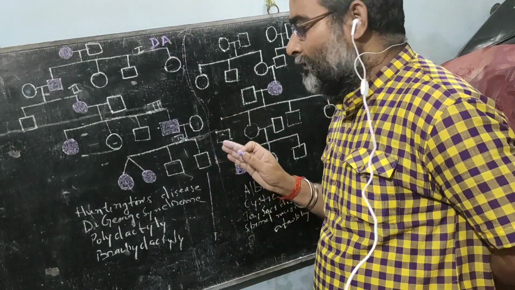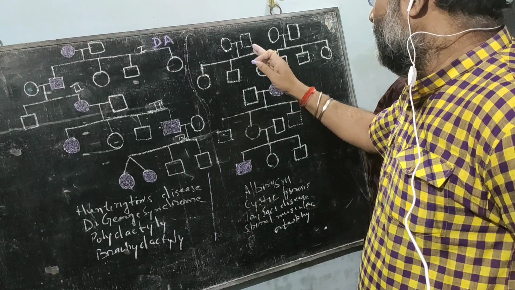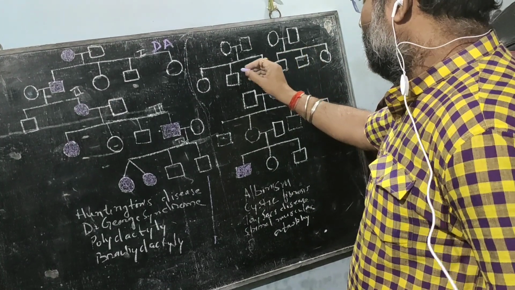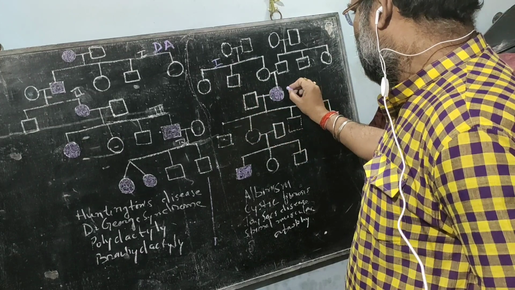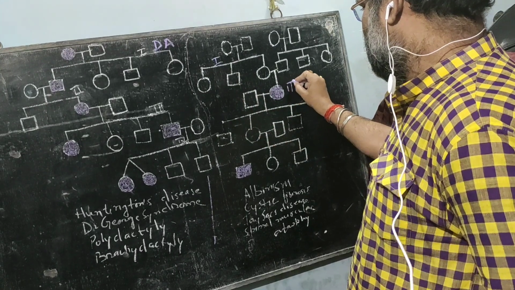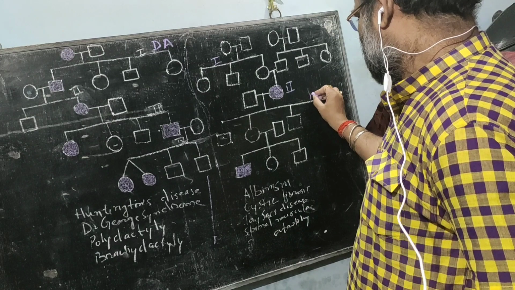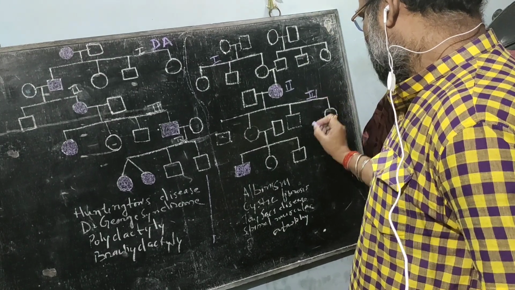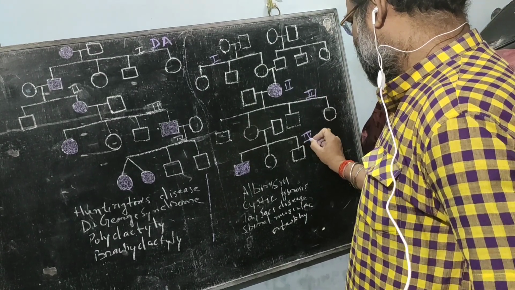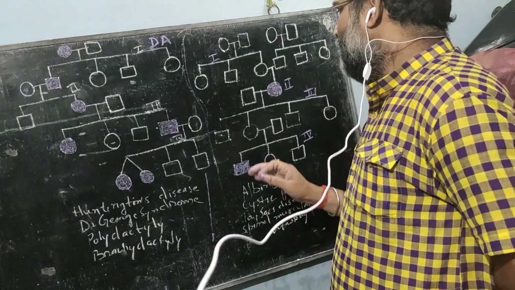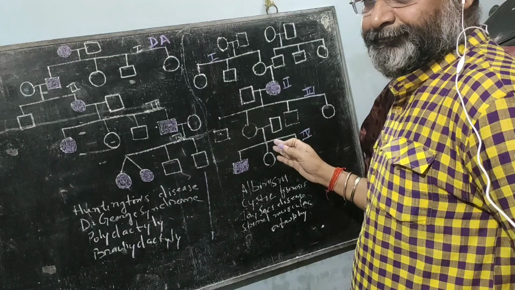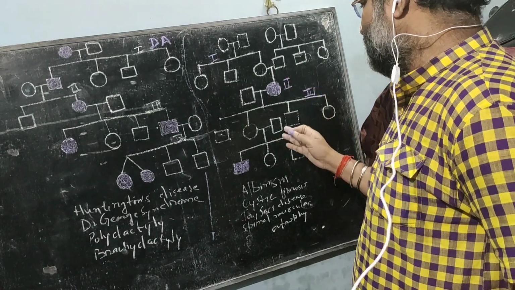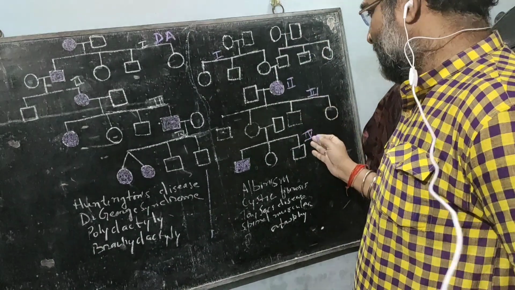In the second analysis, we come here and observe the first generation, the second generation, the third generation, and the fourth generation. Again, in this pedigree, we collected the information of the fourth generation.